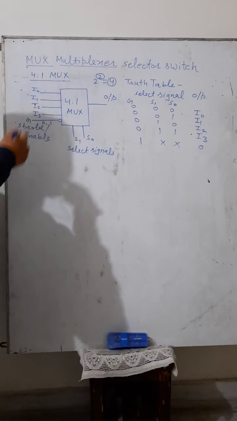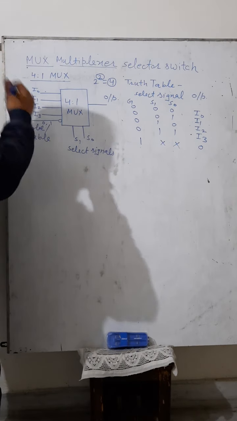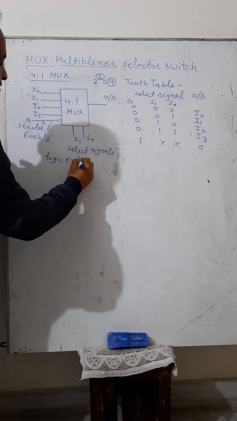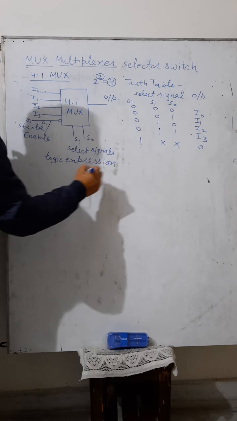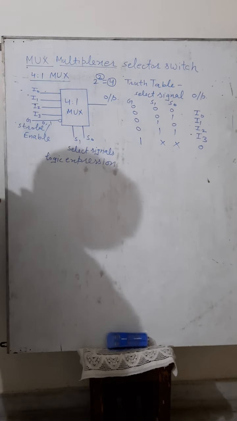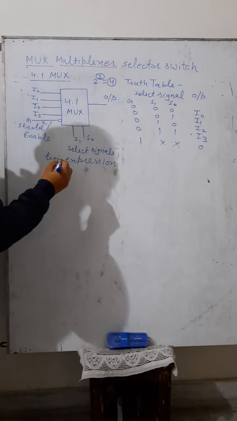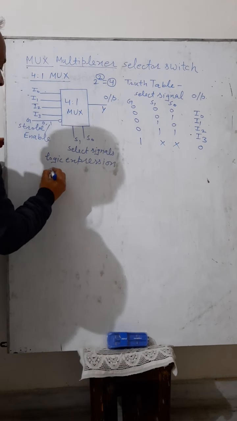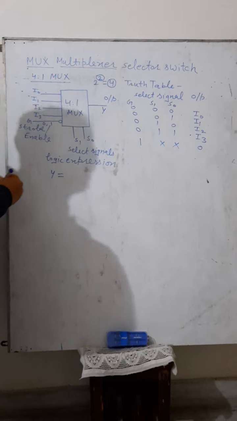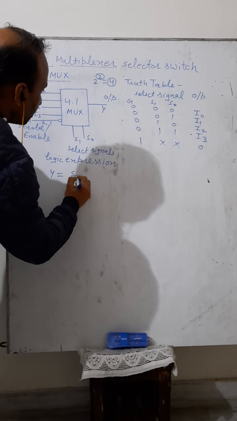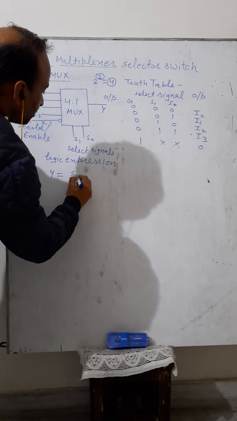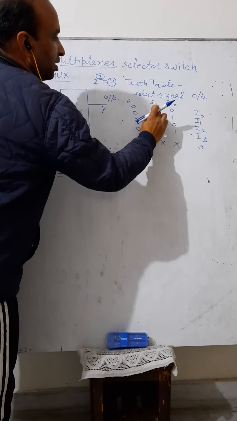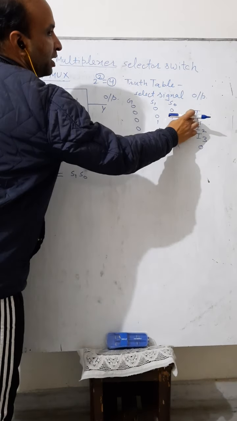So what will be the logic expression? The logic expression of this 4:1 Mux. As we write the output as Y, Y will be written as, by this truth table, for the combination 0 0 output will be I0.